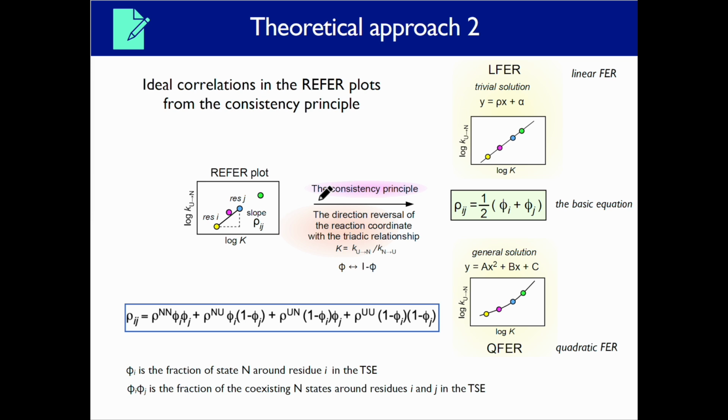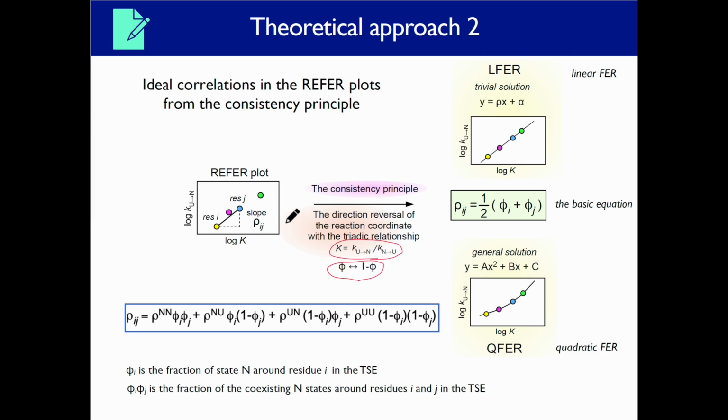By assuming the consistency principle plus the direction reversal of the reaction coordinate, forward and backward reactions should be the same, in the biophysical sense, of course. And there's a chain direction reversal and the triadic relationship between three parameters.